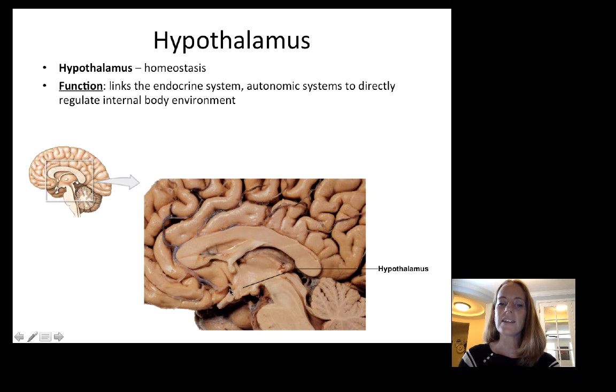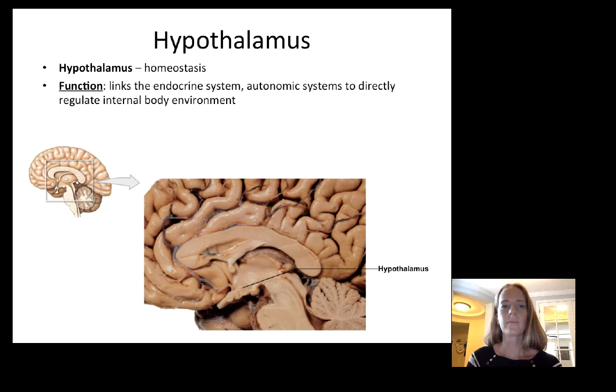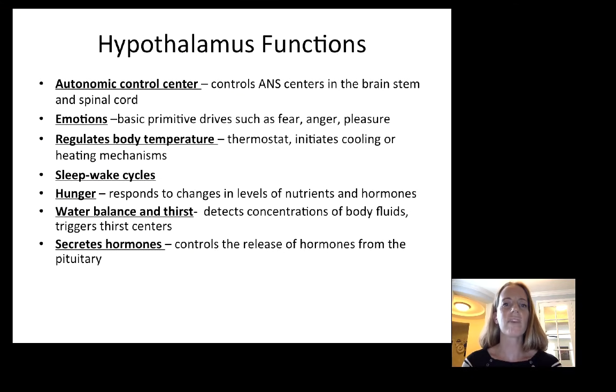The hypothalamus is a tiny but very important area of the brain that is below the thalamus. It controls, in general, homeostasis, and of course that is a huge function, but the way it does that is linking the nervous system to the endocrine system and to the organs. So there's endocrine and organ or autonomic input directly to the hypothalamus to regulate the internal body environment. So these are all the functions of the hypothalamus.